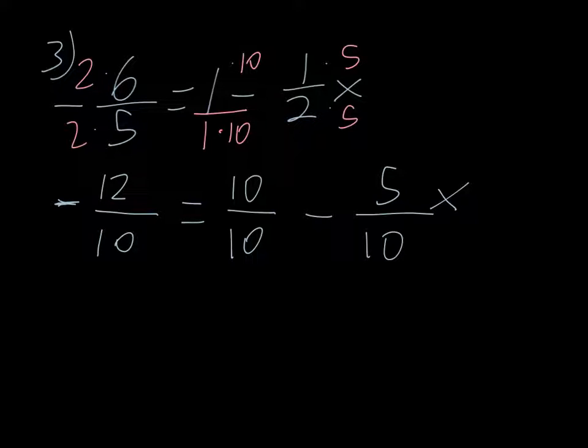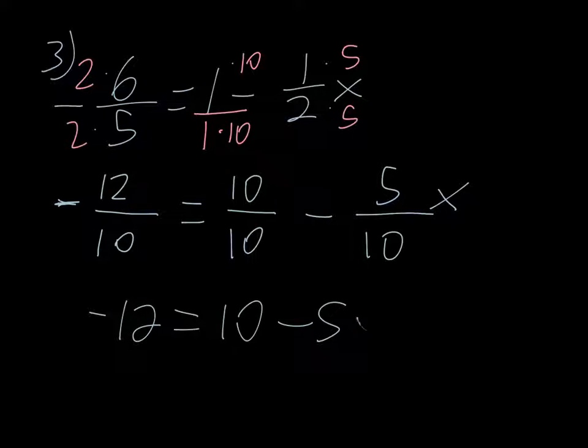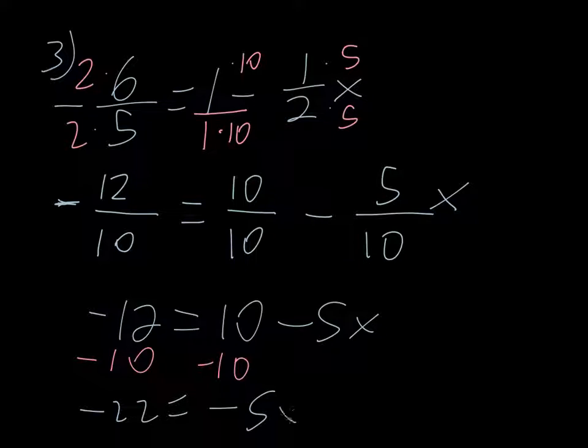All right, so the point is now we have a common denominator across the bottom, which means only the top needs to be solved. So I'm going to go negative 12 equals 10 minus 5x, and I'm going to minus 10 on both sides. That's going to give me negative 22 equals negative 5x.